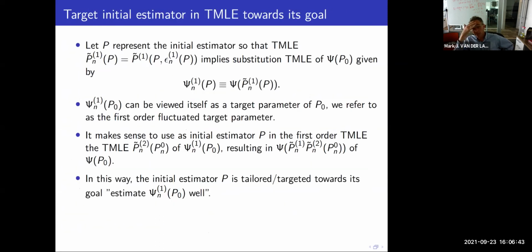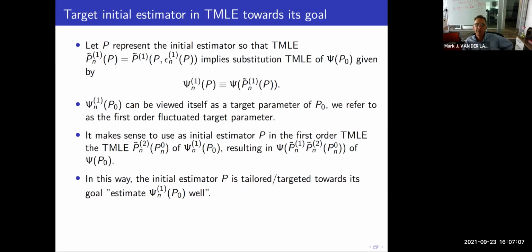Okay, so now we get to the second order TMLE. The idea here is to say, look, this first order TMLE still depends on the initial estimator. And we talked about the initial estimator better be good, like the superlearner using highly adaptive lasso, true. But nonetheless, it matters. And so the question is, how should we tailor the initial estimator in the TMLE to make it optimal for its purpose?